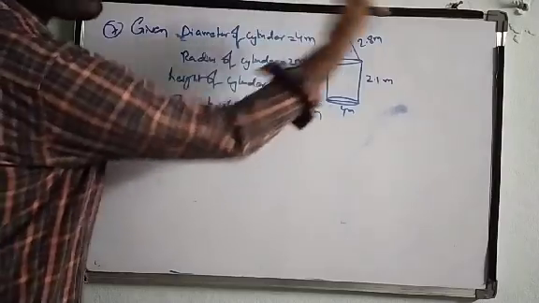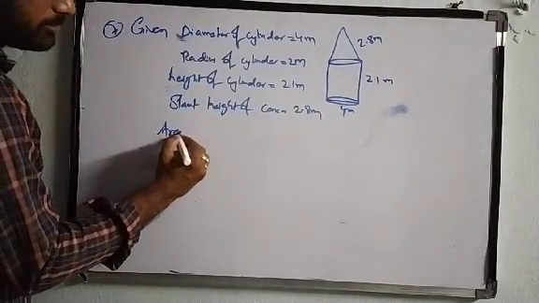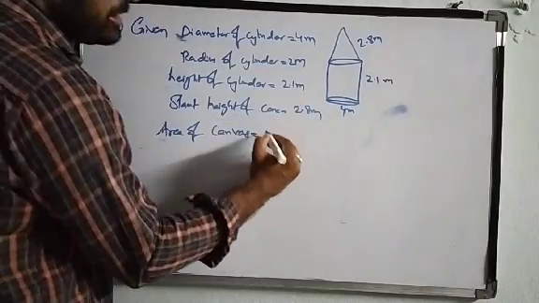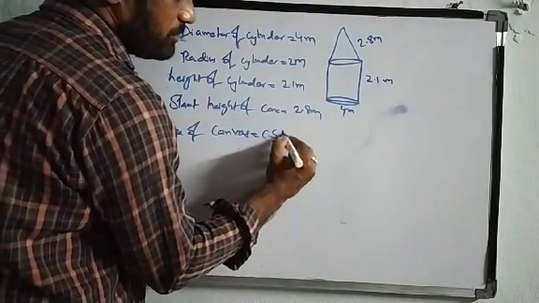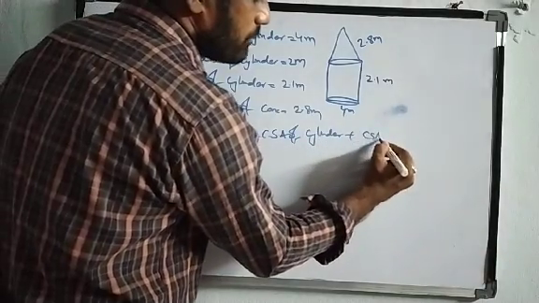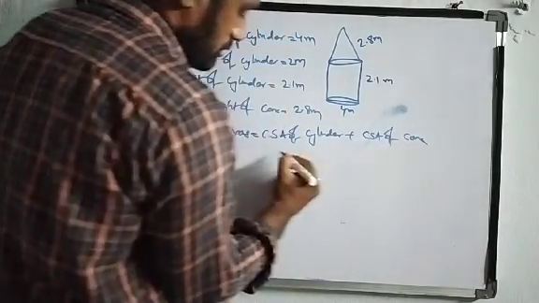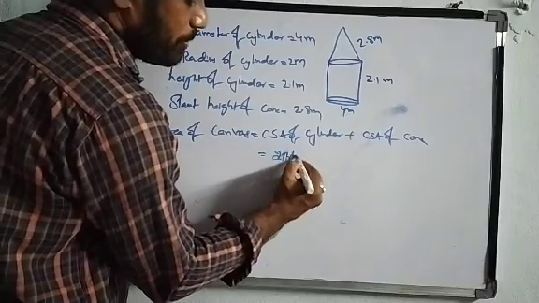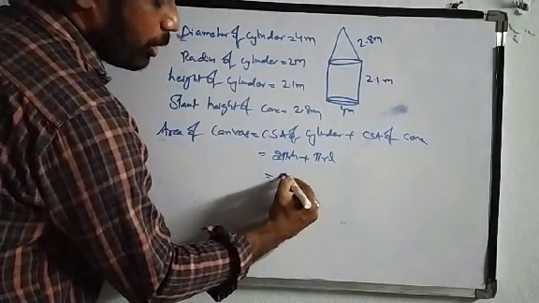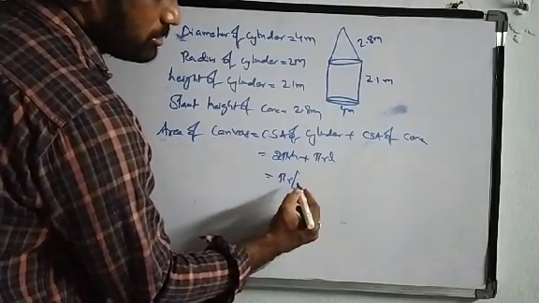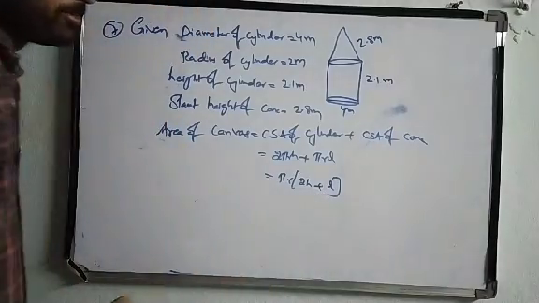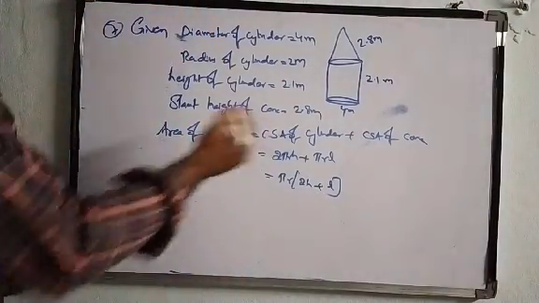He is asking for the area of the canvas. In the area of the canvas, we have to add two surface areas: the curved surface area of the cylinder plus the curved surface area of the cone. That is, 2 pi rh plus pi rl. We can take pi r common since the radius is common in both. It will be left with 2h plus l. So substitute the values, we'll get the answer.